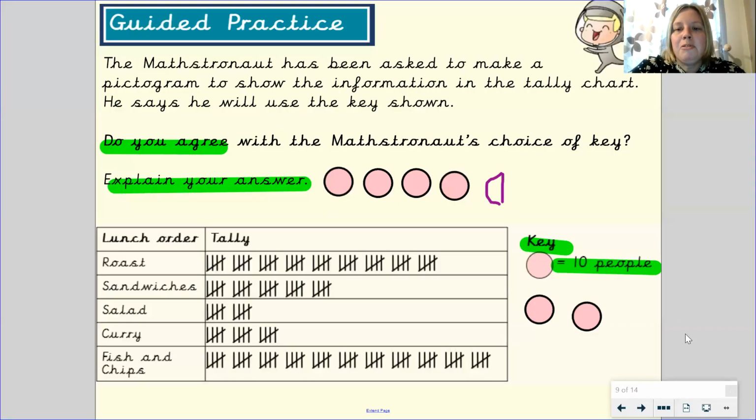So sometimes when we are drawing pictograms, we can use half of an object to represent a number. So in this example, 5 is half of 10, so I've chosen to draw half a circle. Let's count and see if we've got 45 now. 10, 20, 30, 40, and half a circle equals 45.